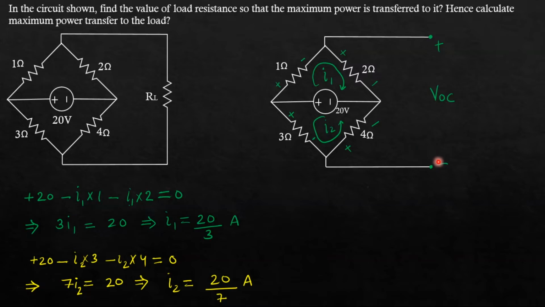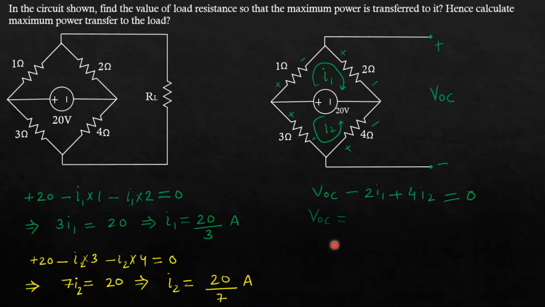So in order to get the value of open circuit voltage, that is VOC, let us apply the KVL in this loop from here this way. Minus to plus, so plus VOC, plus to minus, minus 2 into I1. Then minus to plus, so plus 4 into I2 is equal to 0. Now put the value of I1 and I2 from here.